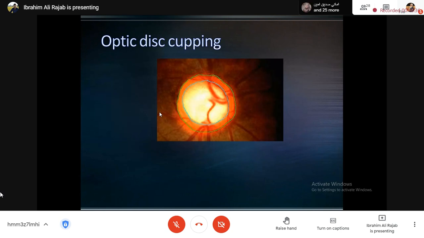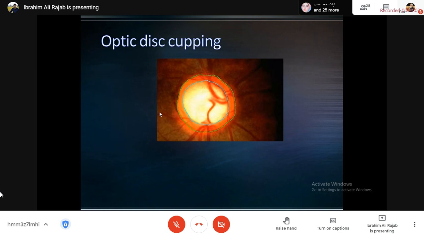We should search for the signs and the criteria for glaucoma, because any patient who has a large optic disc cup may be a case of glaucoma, unless he has a normal intraocular pressure, a normal visual field, I mean normal other parameters.